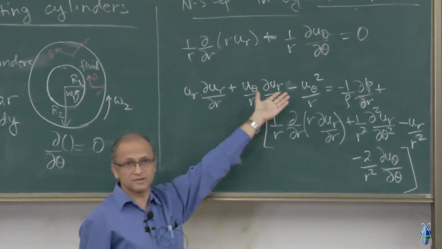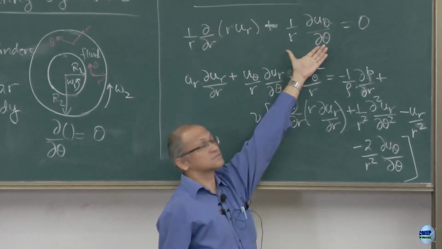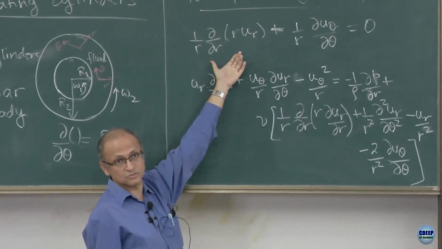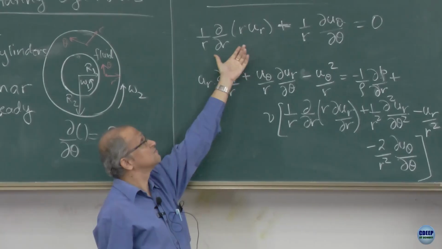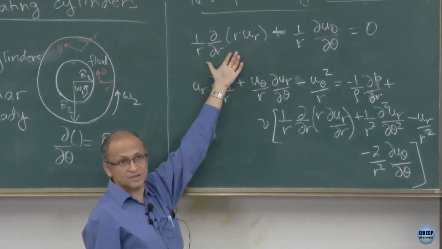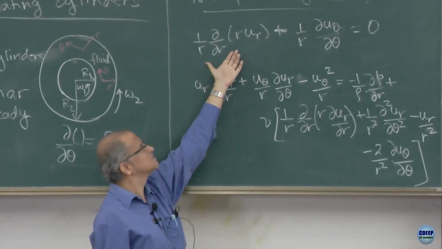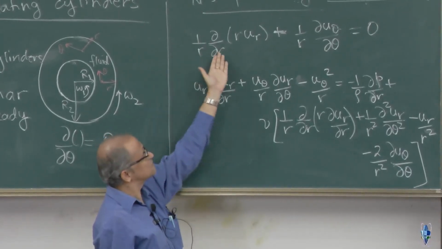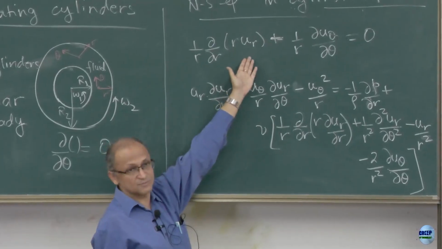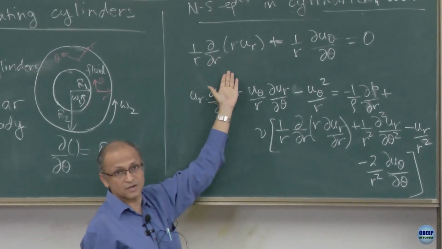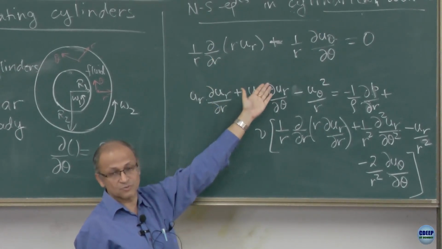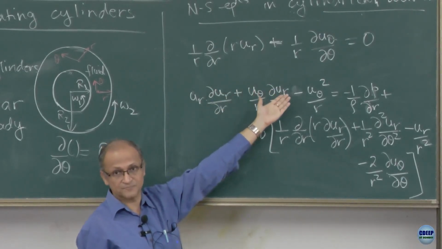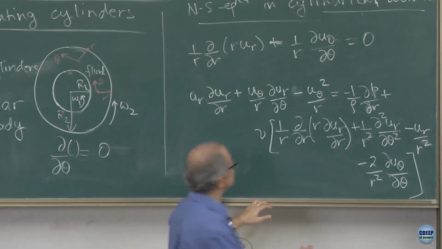So if you go to the continuity equation, you can see that this term is 0, and that tells me that this term is equal to 0. If this term is equal to 0, I can readily integrate this. 1 by r is gone, and that means the derivative of r times ur with respect to r is equal to 0. And what does it mean? r times ur is equal to constant.